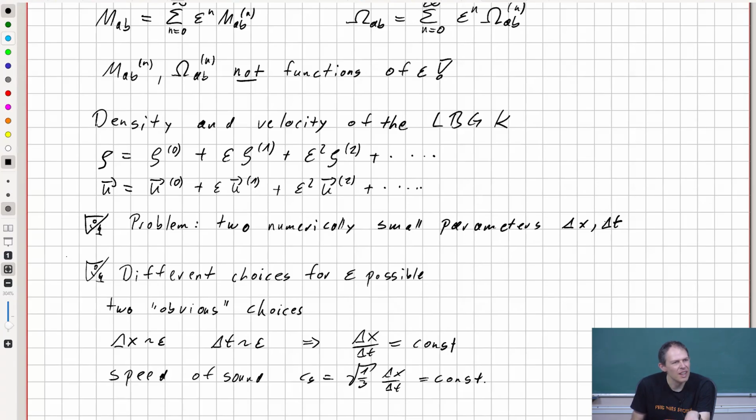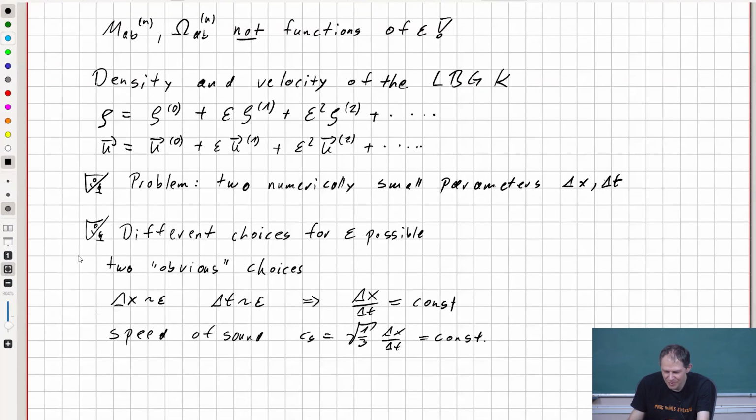So if you want to do acoustics, then indeed it's a good thing that delta x is proportional to delta t, because it means that the speed of sound is not a function of your discretization, which you don't want it to be, right? If you want to do acoustics. But maybe you don't want to do acoustics.